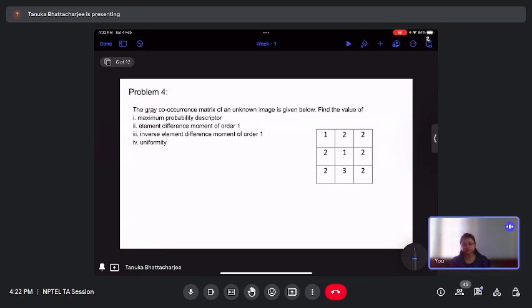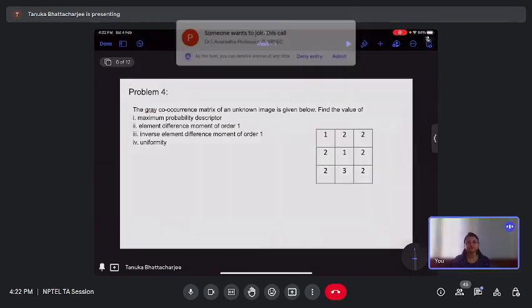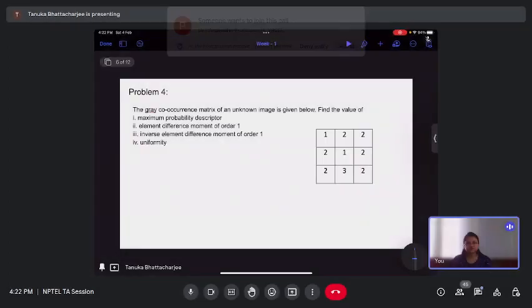The first one we have to compute is the maximum probability descriptor. Here I must mention that this is the gray co-occurrence matrix before normalization. As we know, all the definitions of the properties are based on the normalized matrix. So, we have to normalize this matrix first, then do the feature computation.